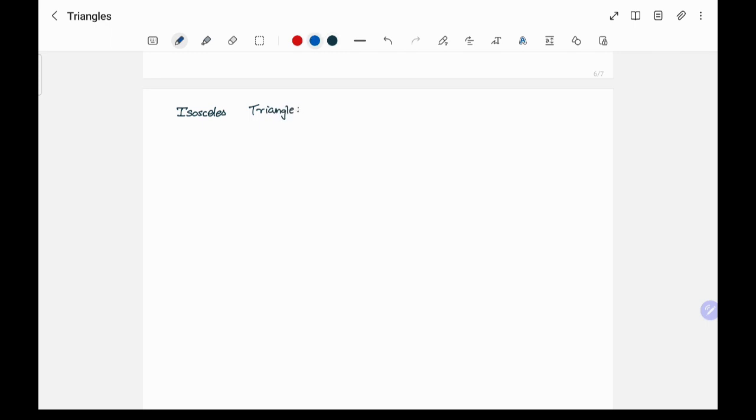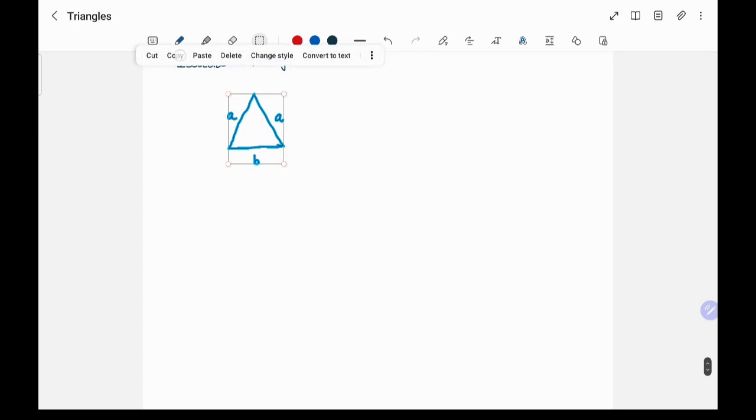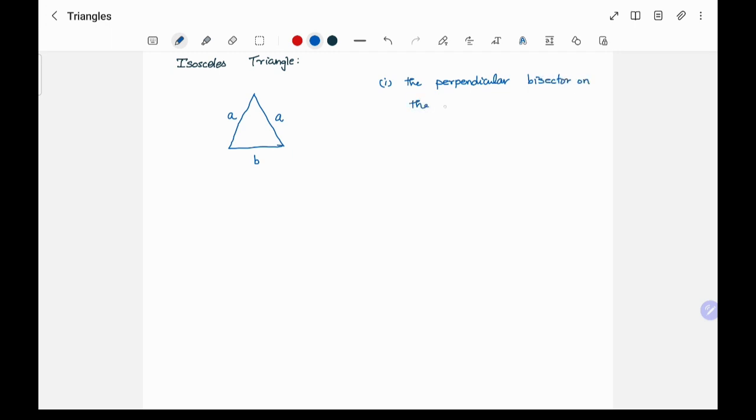As I already said, in an isosceles triangle, two sides are equal and one side is different. Let's say this is a and the base is b. So for an isosceles triangle, the perpendicular bisector on the different side passes through the opposite vertex.